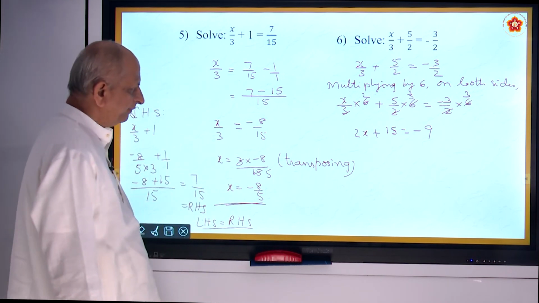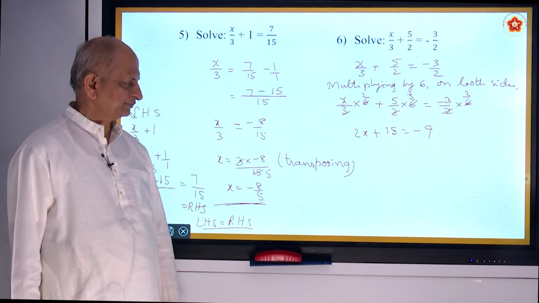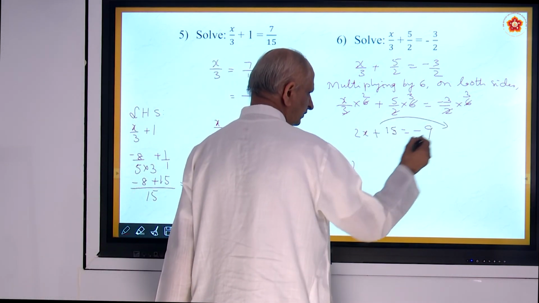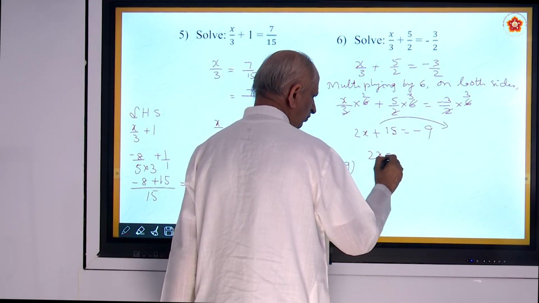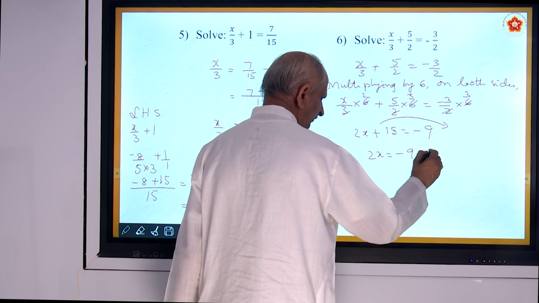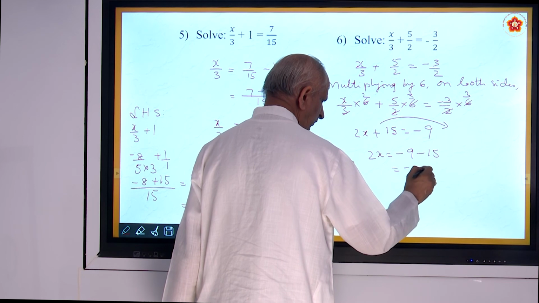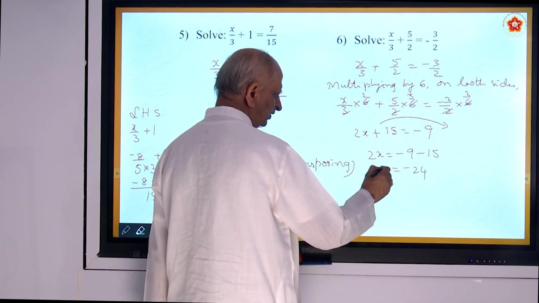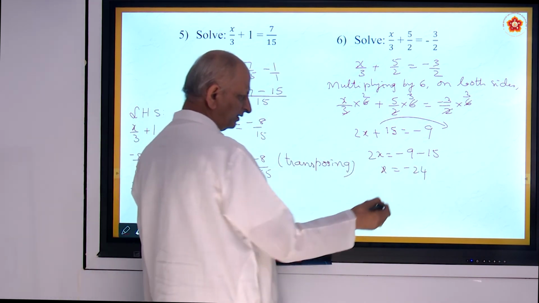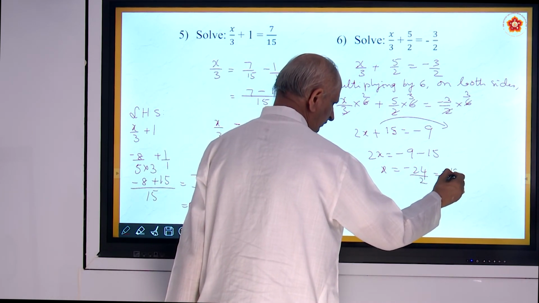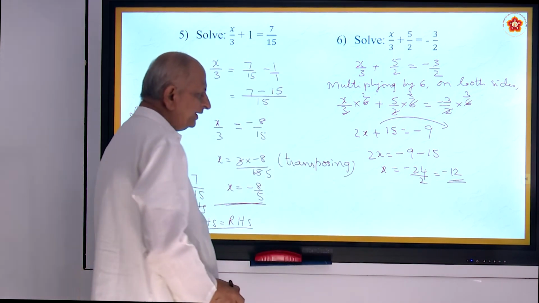Again use the principle of transposition. Means what? The plus 15 should be brought to this side. So 2x is equal to minus 9 minus 15, that is equal to minus 24. Again, x is multiplied here, bring it to the right hand side, it becomes divided by 2. So minus 12. x is equal to minus 12 is the answer.